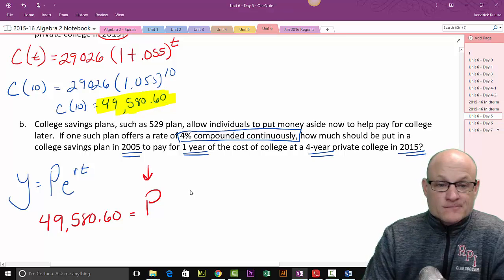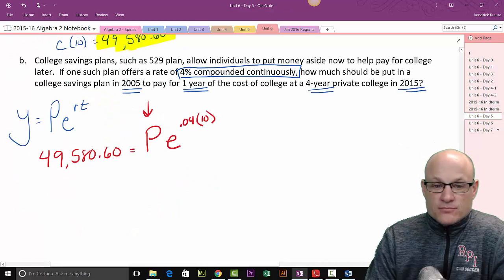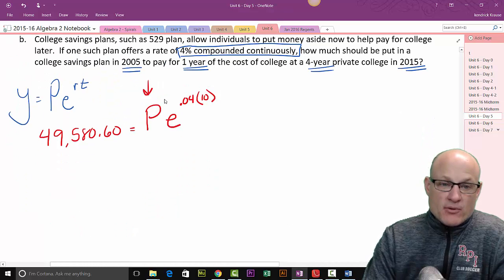Got to kind of figure that out. How much should be put in 2005? E, R is 4%, so it's 0.04, and we have 10 years to pay for it, so 10. Well, remember, this is just a constant.